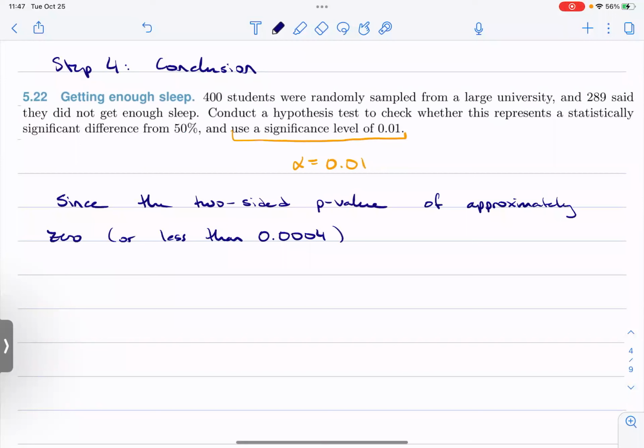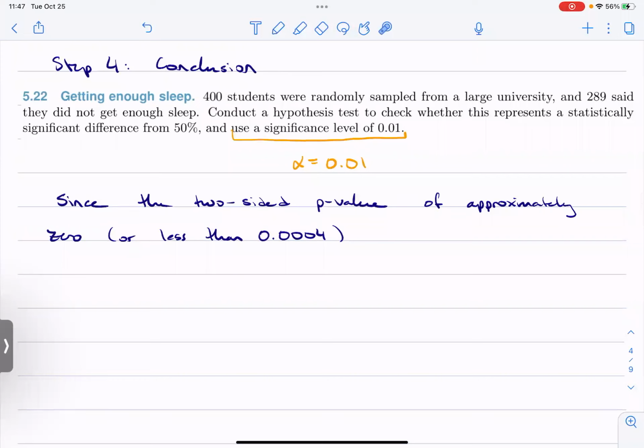Tell me what type of p-value it is, one-sided or two-sided, and tell me what the p-value is.